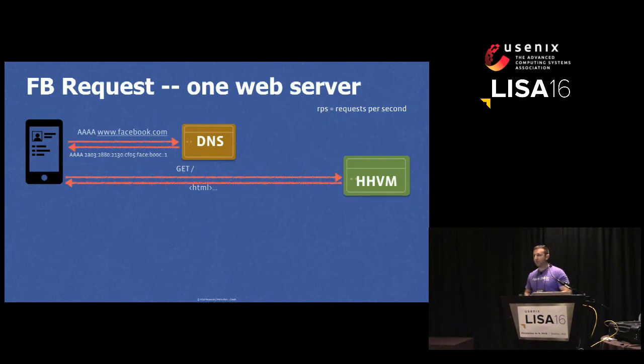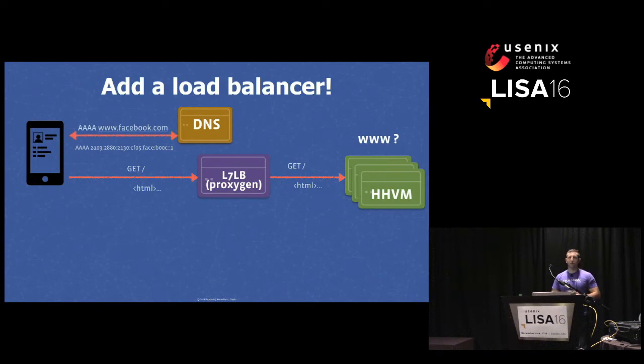So this works in a very small environment, but we need a lot more HHVM web servers to support all of Facebook. So how do we solve this? We add another load balancer in front of it. Assuming the same setup, we send the DNS request from the device, and then we add this L7 load balancer, and we call it ProxyGen as our internal name for it.